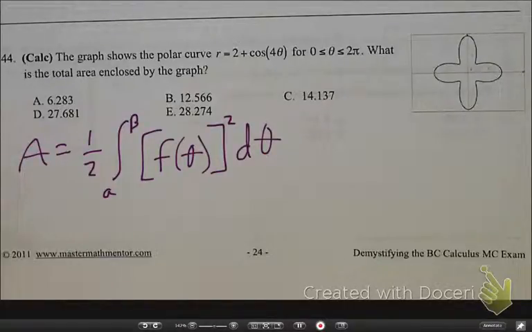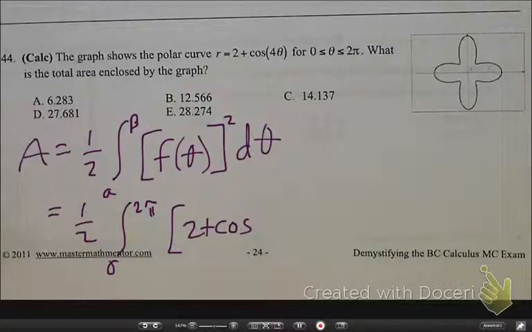The alpha to beta that we're given in this problem is from 0 to 2 pi, and f of theta is 2 plus cosine of 4 theta, squared d theta. And then you can just input that straight into your calculator.